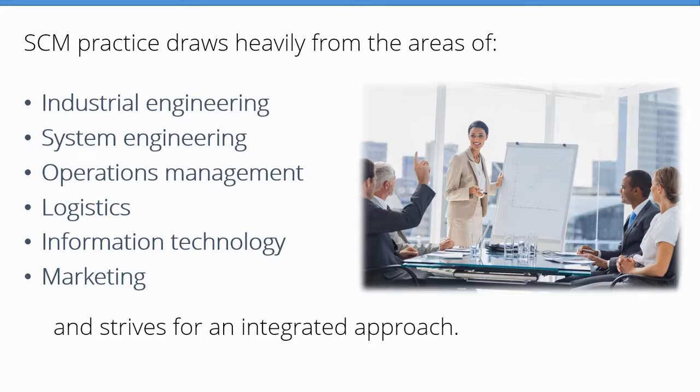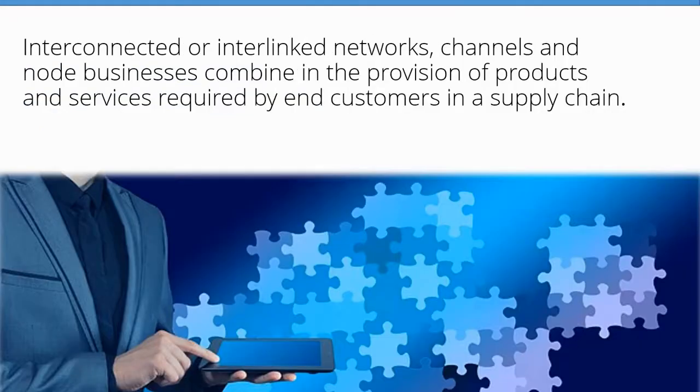Supply chain management is also interconnected or interlinked networks, channels, and node businesses combined in the provisioning of products and services required by the end customer in a supply chain. Now, that statement is basically saying a lot, but I go back to SAP in terms of relating to this.